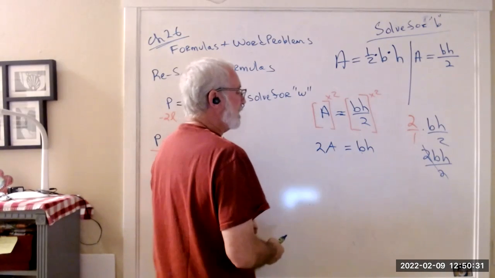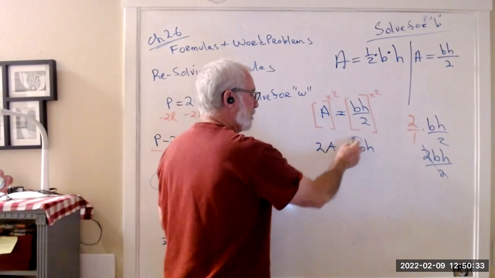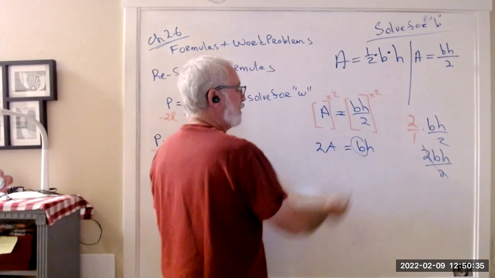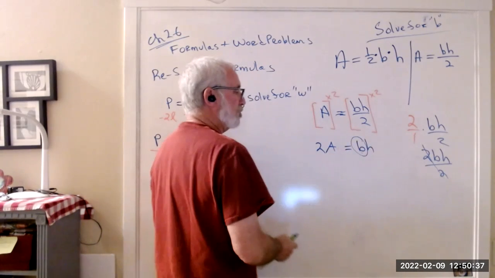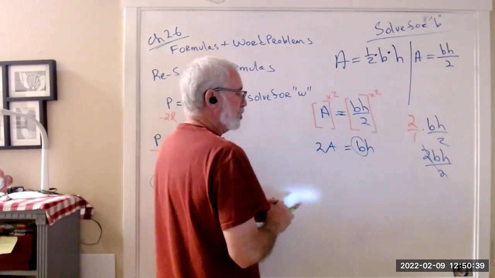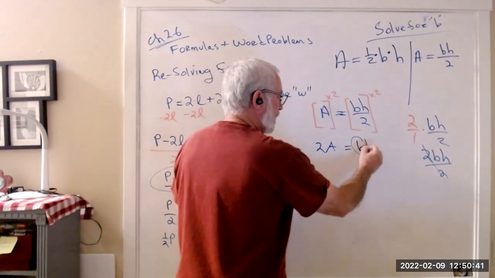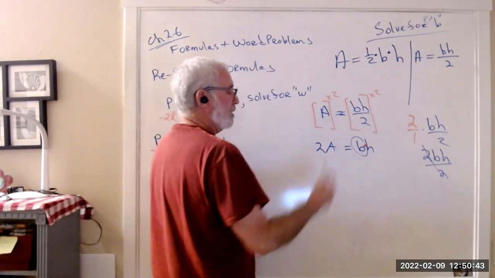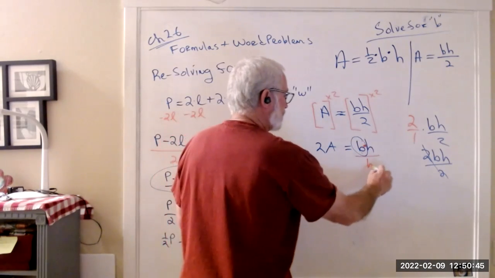Now I would need to get B by itself. I want B alone. That means I want to get rid of the H. So what's the H doing to the B? It's multiplying. The only way to get rid of that is to divide.